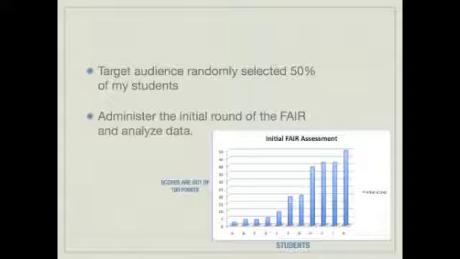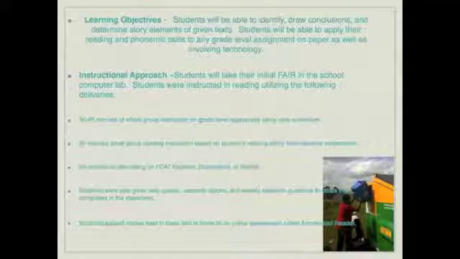The initial data was collected through administering the first round of the FAIR. The learning objectives were based on the 3 main areas assessed in the FAIR. The teacher began instructing based on those assessments, individualizing each lesson for the students as well as for the class.